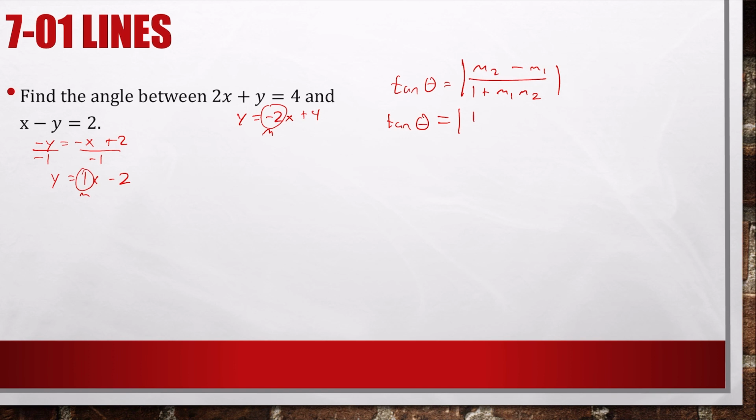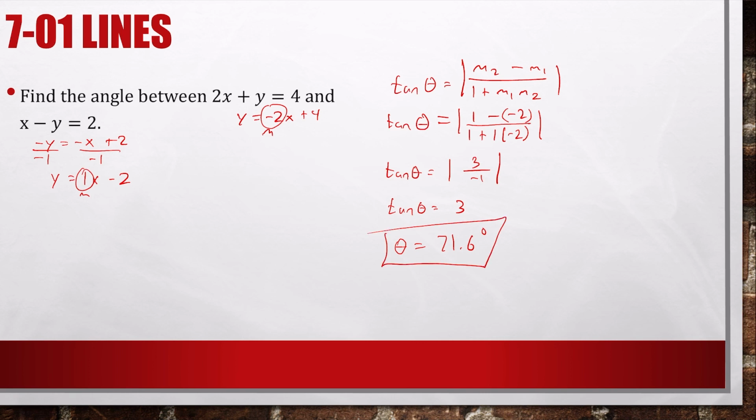That would be 1 minus a negative 2 over 1 plus 1 times a negative 2. So that gives us 3 over negative 1. If I use the absolute values, that would be 3. So the inverse tangent of 3 is about 71.6 degrees. So the angle between those two lines is about 71.6 degrees.